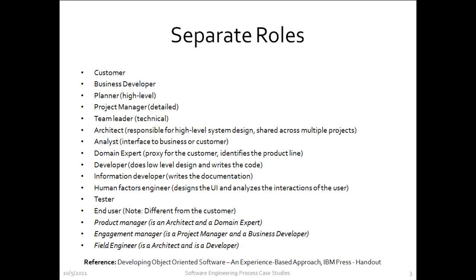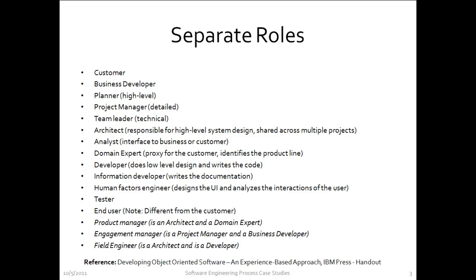All structured processes have a notion of separate roles. So this IBM process has the following roles: a customer role, somebody who provides requirements and is the person who's going to pay for the project; a business developer role, somebody from the software development team who's responsible for convincing the customer to include more features and pay more for them.